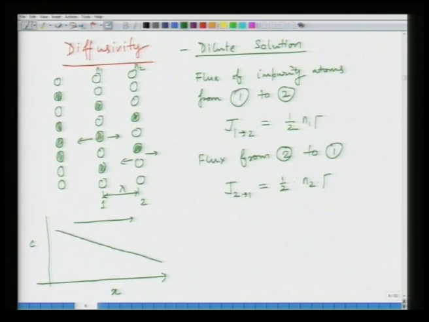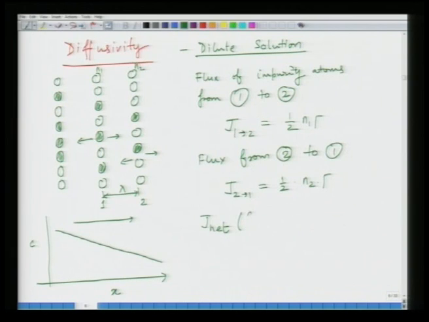The only difference in these two equations is the number of atoms on each plane, n1 and n2, and we are saying that n1 is larger than n2. So, since n1 is larger than n2, you will have a net flux of atoms from 1 to 2. So, what is J net?